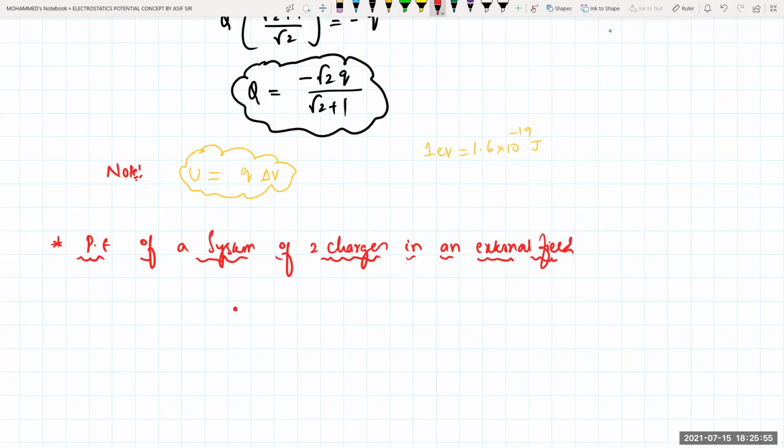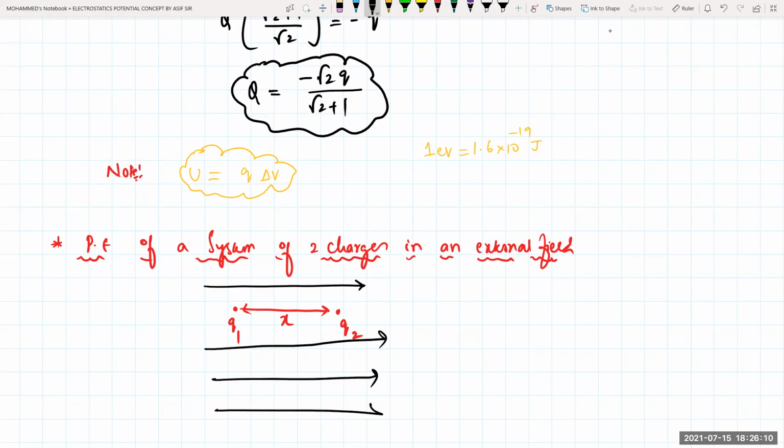Say this is the charge Q1 and this is the charge Q2, and the distance between them is x. Now this is your electric field. Say some field is there, and we are keeping the charges in this field. This one is point A and this one is point B, so here will be potential A and here will be potential B.